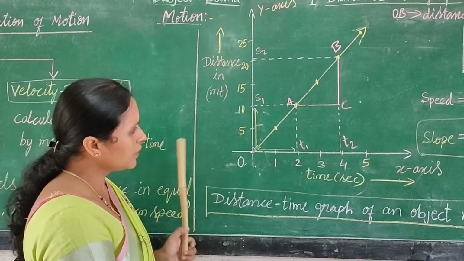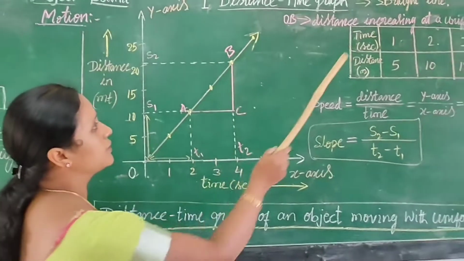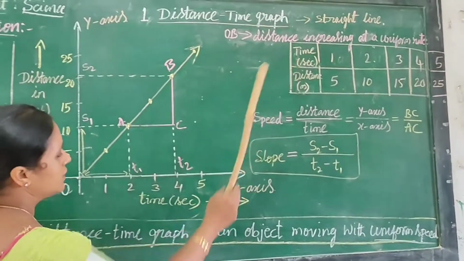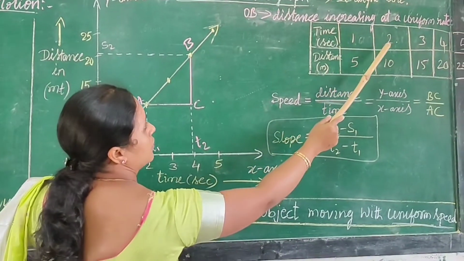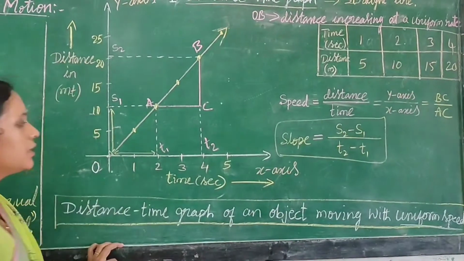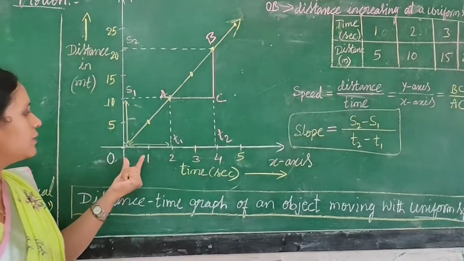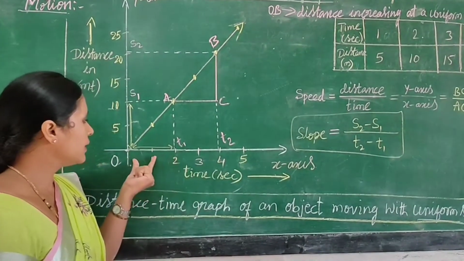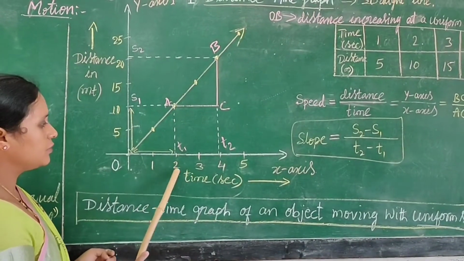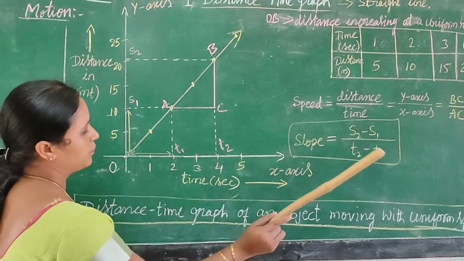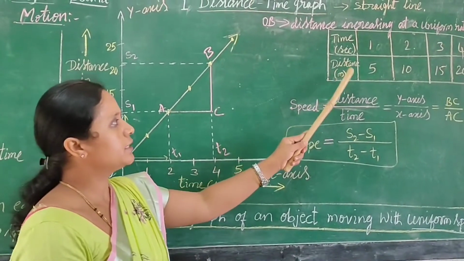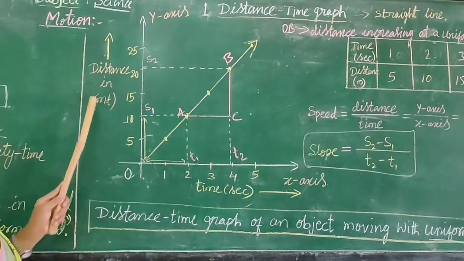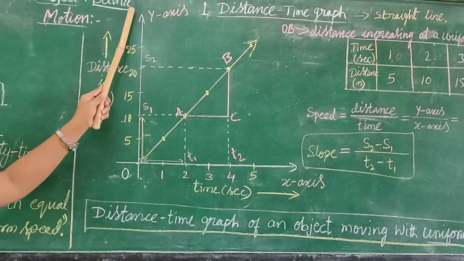Students, on the x-axis I represent the time. See here, the time is in seconds. The time can be written like this: 1, 2, 3, 4, 5, etc. According to our convenience, I will divide this x-axis like this. Similarly, I will take the distance in meters on the y-axis.